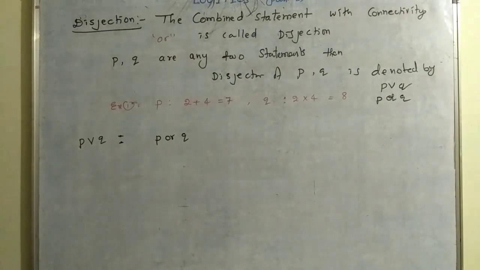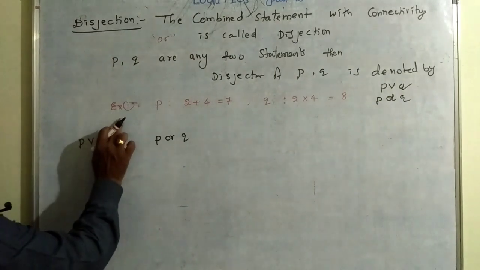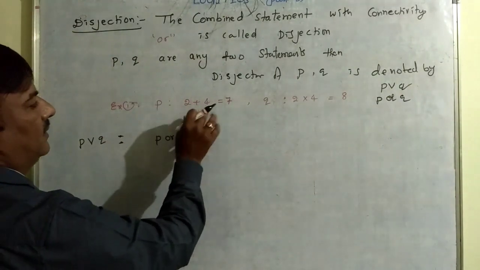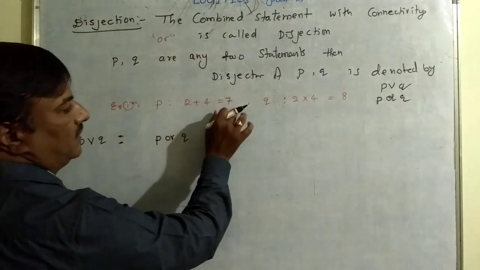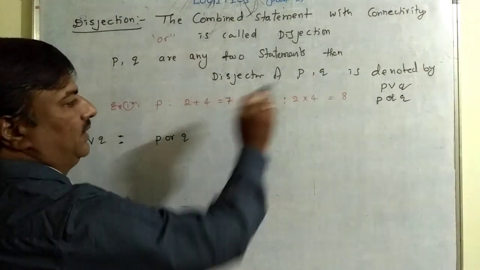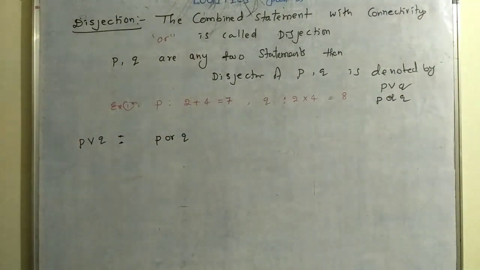Let's consider one example. Example 1. P is 2 plus 3 is equal to 7, and Q is 2 into 4 is equal to 8.